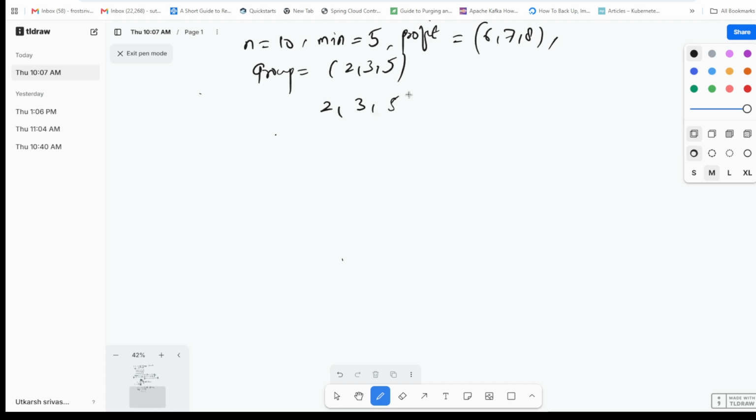Suppose this is 2, 3, 5. Suppose we include that person, we can include it, right? Because the max number allowed is 10 and here we have 2 only. If we include this, the profit for this particular person is 6. So we can include that person here.